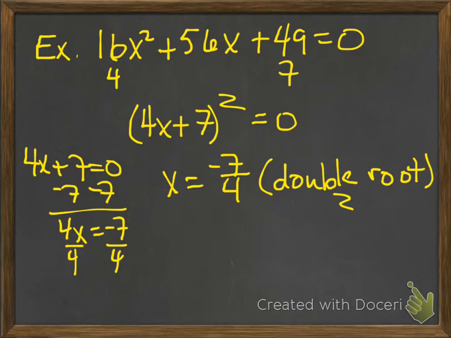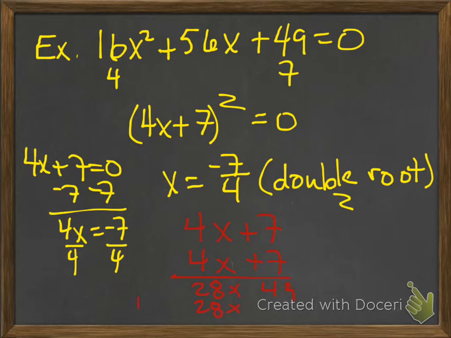Okay, so the reason why this happens, and just to quickly explain, is something we're going to go over more in chapter 6. This 4x plus 7 squared means you could multiply it times itself and get that quadratic. So if I said 4x plus 7 times 4x plus 7, 7 times 7 is 49. 7 times 4x is 28x. 4 times 7 is 28x.